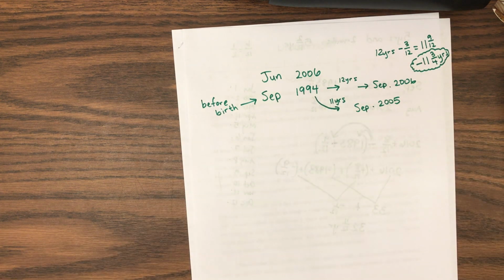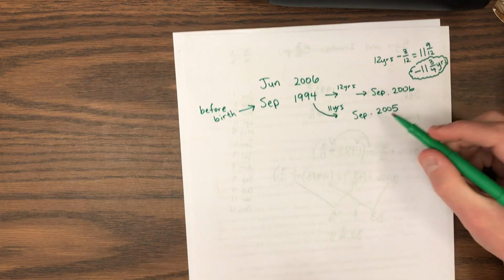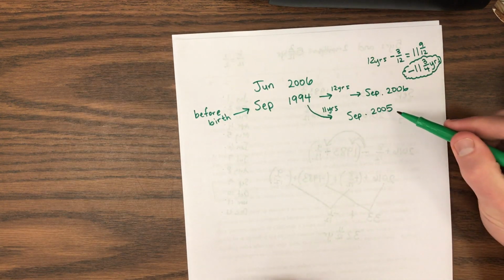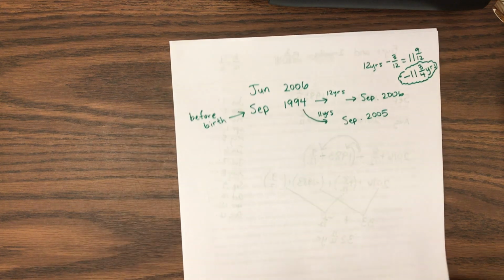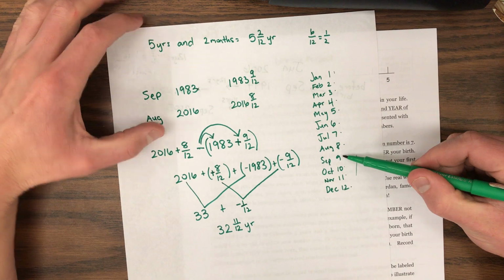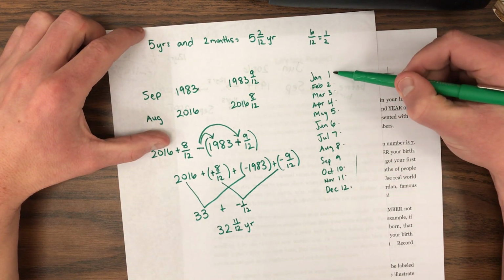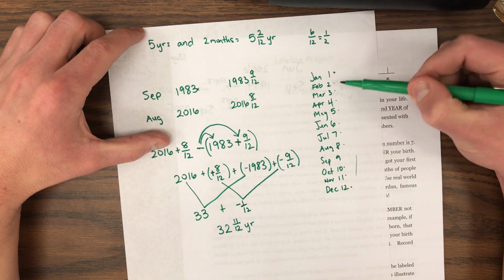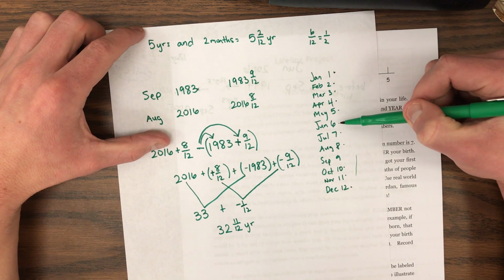And then count those extra months from there. So let's use the month list I have over here. Remember, we're in September 2005, and we want to get to June 2006. So if we start September 2005, 1, 2, 3, 4, now we're in 2006, 5, 6, 7, 8, 9.